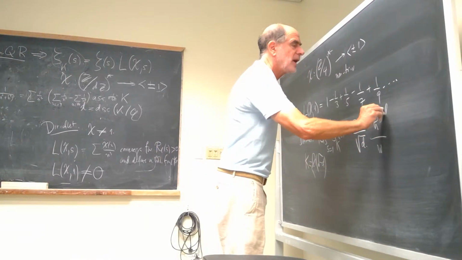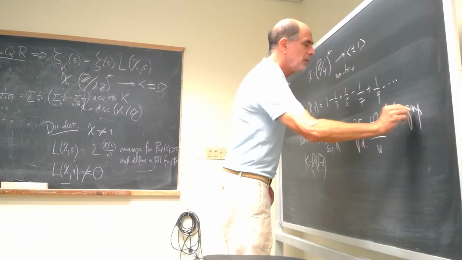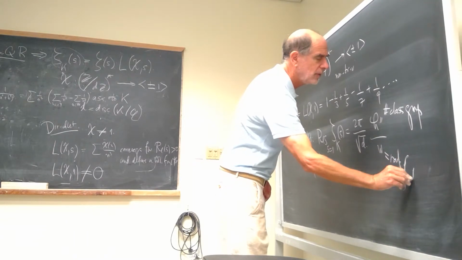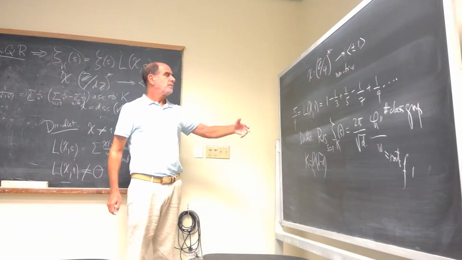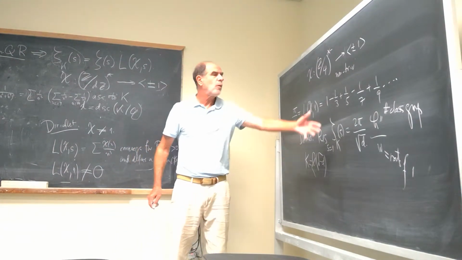This is the order of the ideal class group, and this is the number of roots of 1, which is usually 2, but can be 4 or 6. So Dirichlet proved the formula for the residue of the zeta function, which for an imaginary quadratic field turns out to be that.